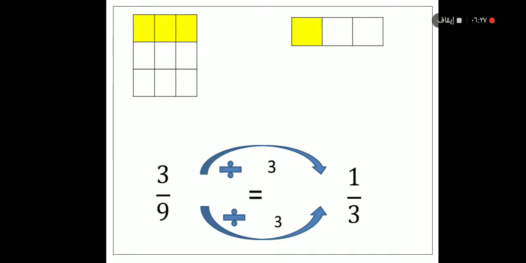Then 3 over 9 equals 1 over 3. And we can say 3 over 9 and 1 over 3 are equivalent fractions.